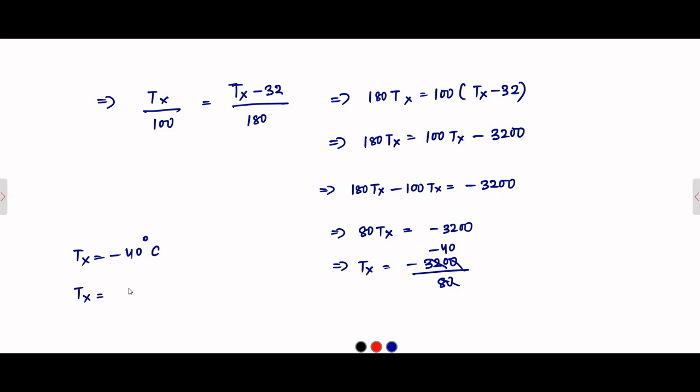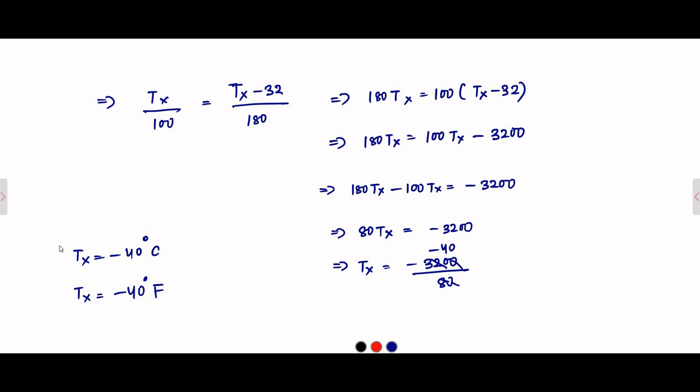So here Tx, we can write it as minus 40 degree Celsius, or we can also write it as minus 40 degree Fahrenheit, because they are essentially the same. So minus 40 degree Celsius is the same as minus 40 degree Fahrenheit. So at this particular reading of minus 40 degree, both the Celsius reading and the Fahrenheit reading are the same.